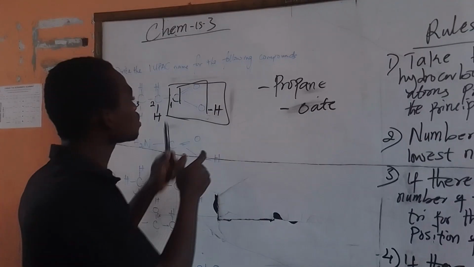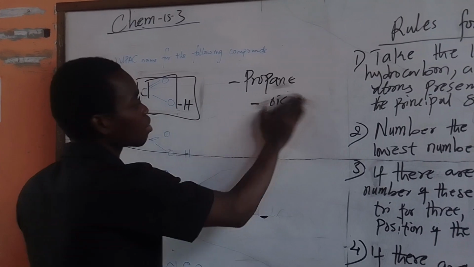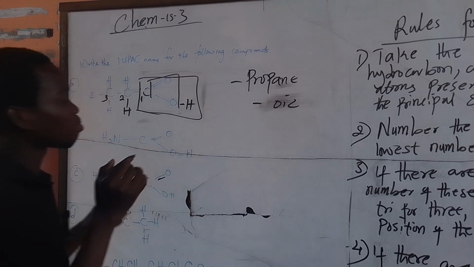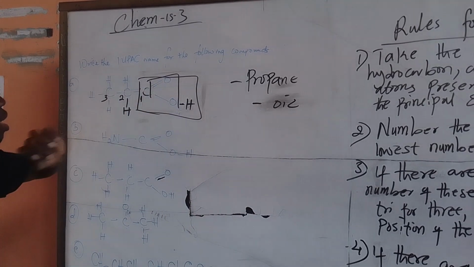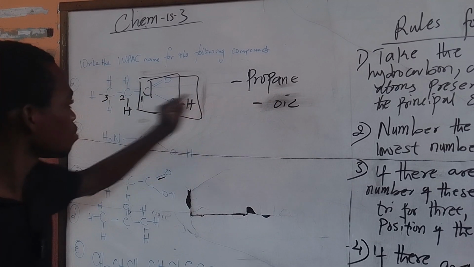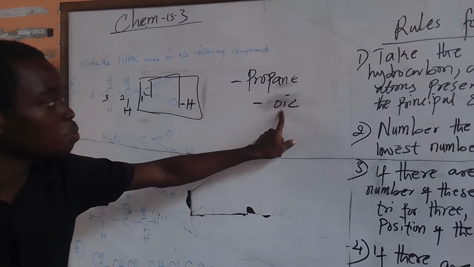Now, sorry, this is from the alkanoic. I'm sorry, oic. So there is nothing to add again. This COOH, this oic. Now let's see. I have propane because it contains single bond, but I also have another functional group, oic.